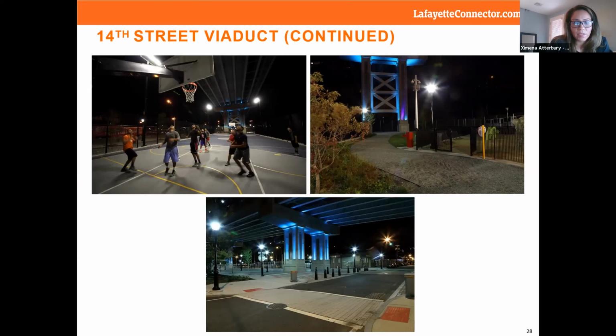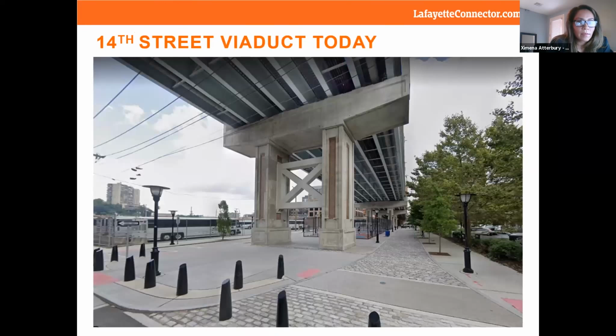Here they've used LED lighting in various colors to animate the space more. And this is an image of what the viaduct looks like today. It's very well maintained, as you can see.